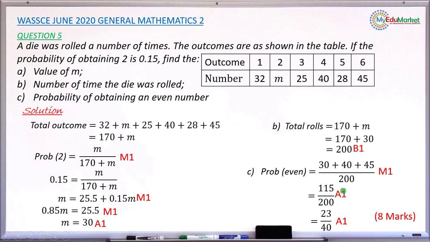And when you have the required outcome as 115, you have this accuracy 1 mark. And when you have the probability of even as 23 all over 40, that is this 115 over 200 reduced to simplest form, you have this accuracy 1 mark. So in total, this question, if everything is done correctly, has 8 good marks.